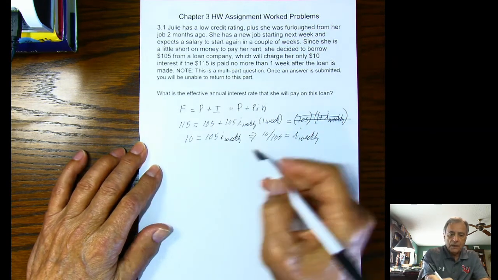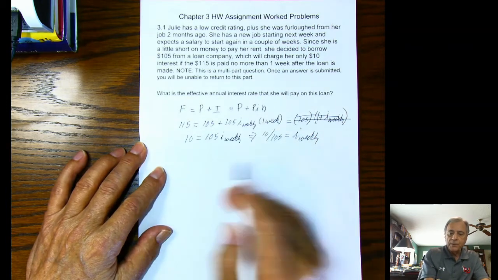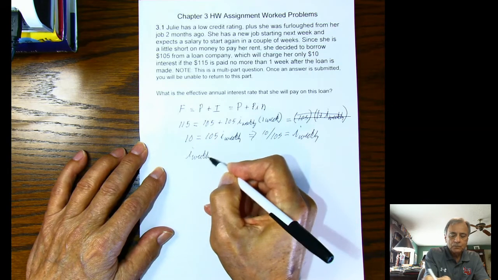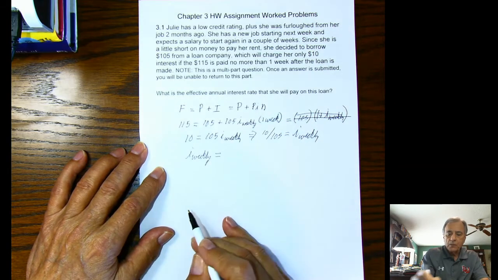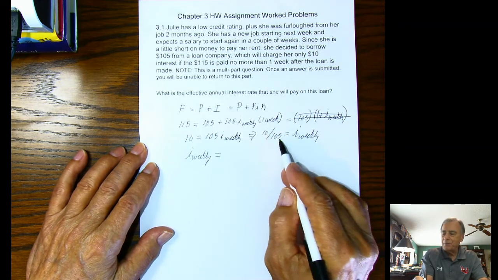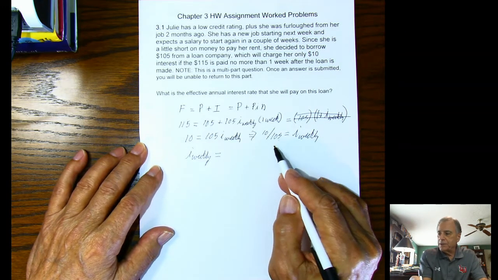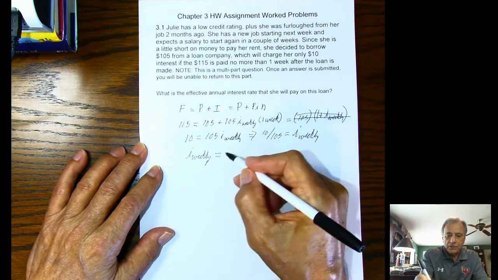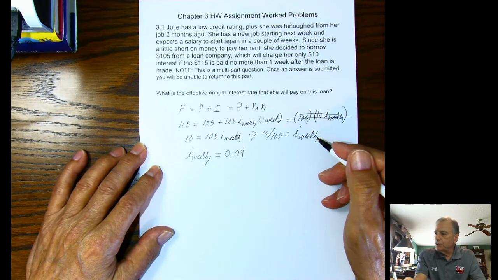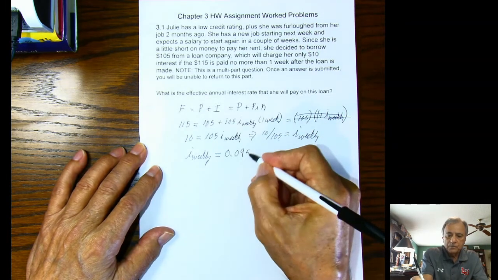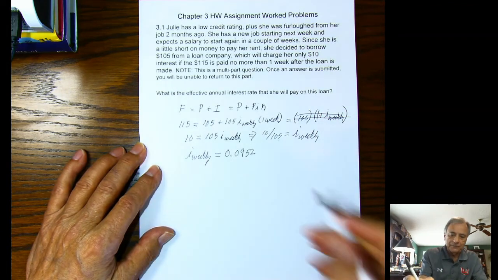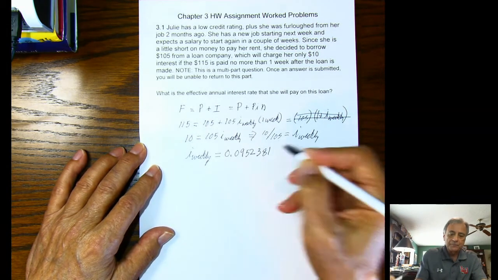And so if we compute that out, I weekly equals 10 divided by 105, which is 0.0952381, if we want to carry it that far.